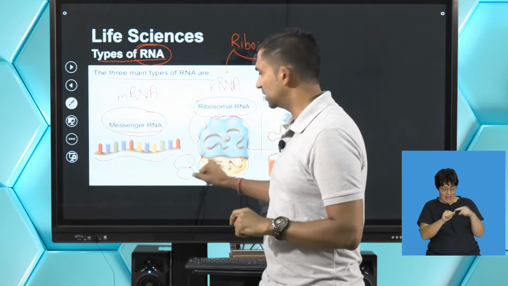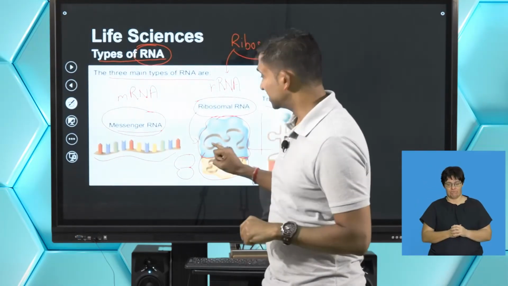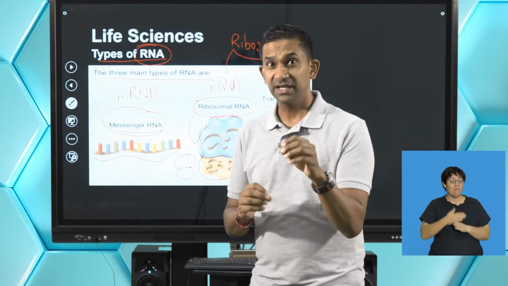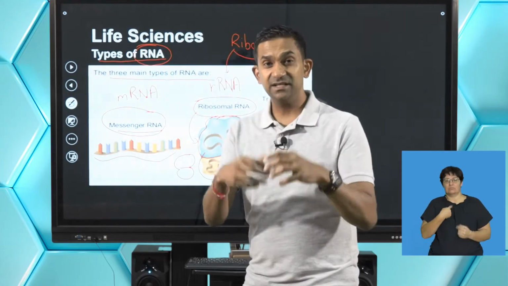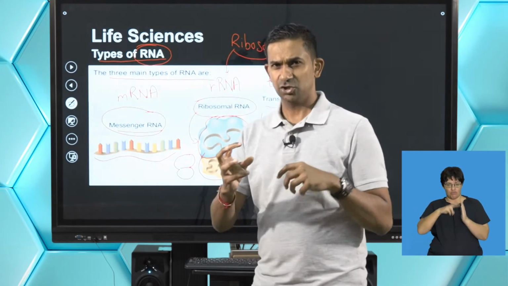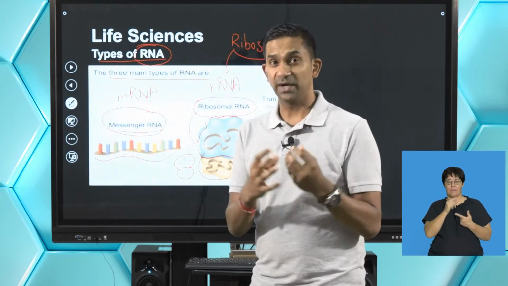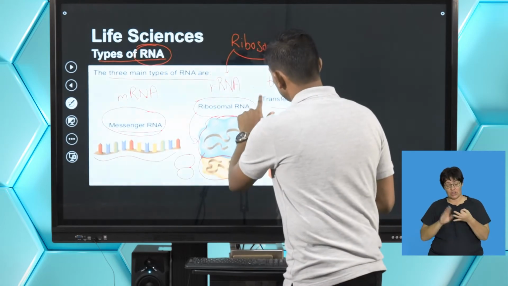So the ribosomal RNA is where the proteins are made. But the ribosome has a very important function in reading the mRNA, trying to understand the message that comes from the DNA, and then instructing it to put together what we know as an amino acid chain. And finally, the third type is transfer RNA.